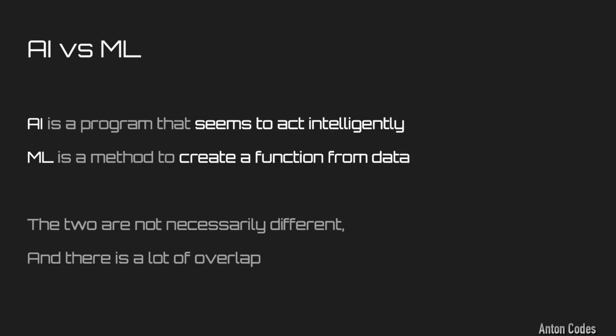And the two are not necessarily different. Something that creates a function from data and learns from that data to do a function well seems like it's acting intelligently. So in modern speak, we talk of machine learning as a subset of artificial intelligence. There's certainly a lot of overlap between the two.